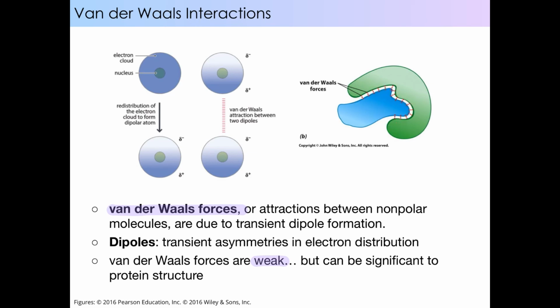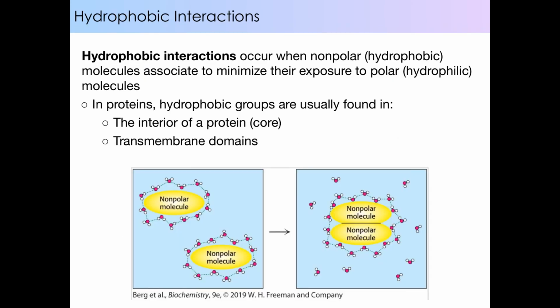The last type of interaction that is important for protein folding are the hydrophobic interactions, and these are not bonds. Recall from the last lecture that water forces hydrophobic groups together. These interactions are not due to any intrinsic attraction between the nonpolar molecules.